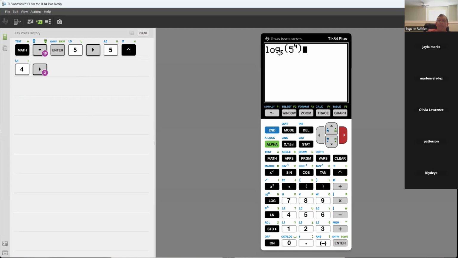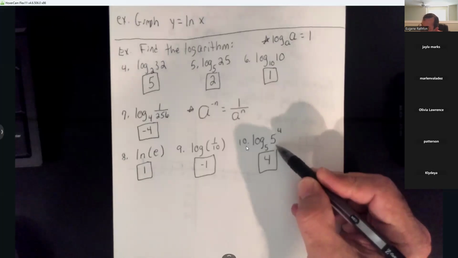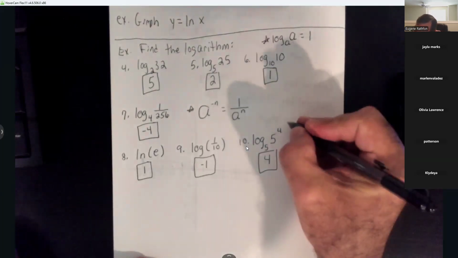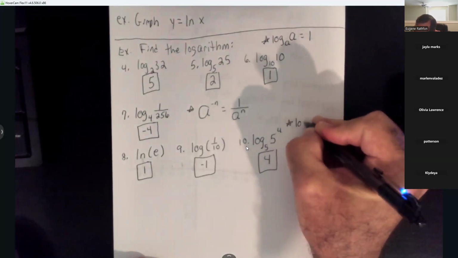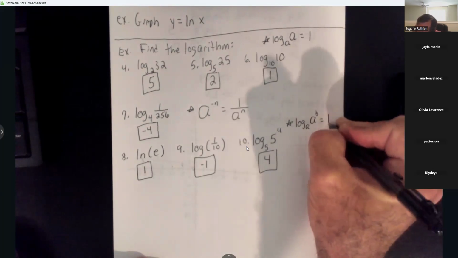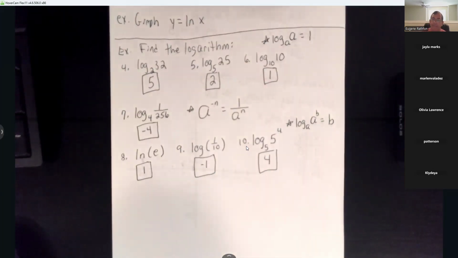Now, anytime the base matches the base of the result raised to an exponent, watch this, y'all, you get the exponent. And y'all, that makes sense. What exponent would I raise 5 to to make it look like 5 to the 4th? That would be the 4. So there's a little property about that. Log base a of a to the b always equals the exponent, okay?